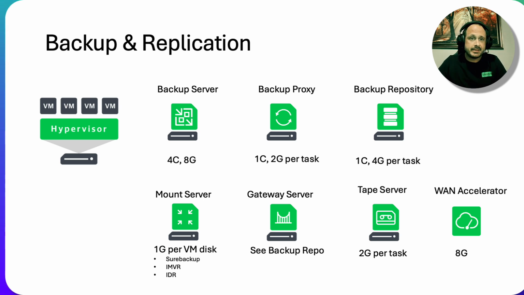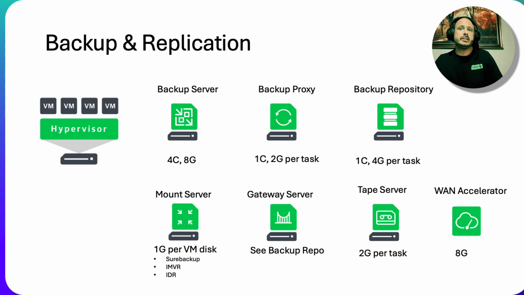As it is today, Veeam backup and replication is installed on a Windows machine. Our PM team has promised that by 2025, Veeam will also run on Linux. Today, some of these other components like the proxy and the repository run on both Windows and Linux. But right now, backup and replication requires a Windows machine.